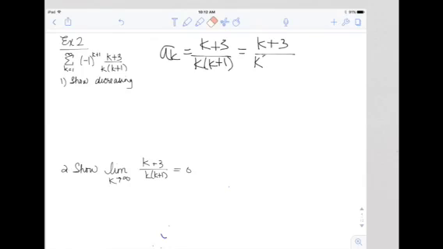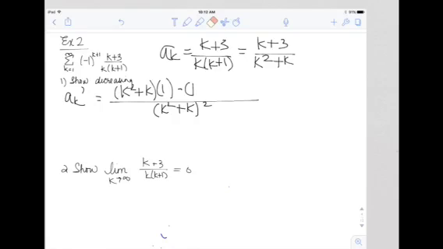Let's multiply the denominator out. You get k squared plus k on the denominator. The derivative of a sub k: you take the bottom and square it. You take the bottom times the derivative of the top, which is just 1, minus the top, k plus 3, times the derivative of the bottom, which is 2k plus 1.